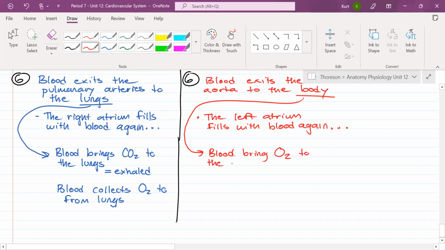Not just muscles, everything. Muscles, organs, bones, brain, everything. We're going to just say the body. And then what does blood collect from your body? Yes, it collects CO2 from the body.